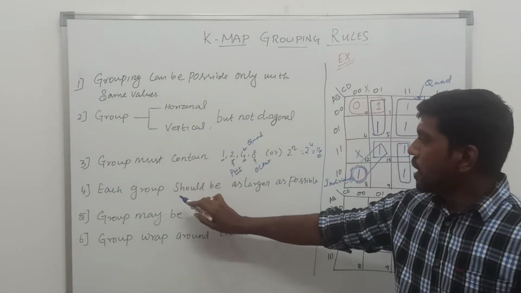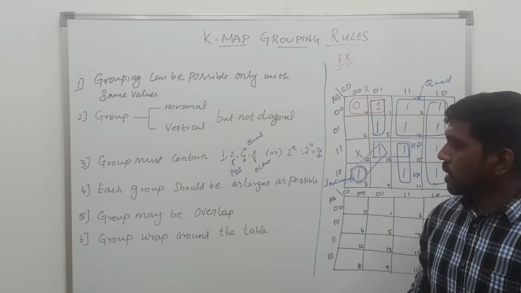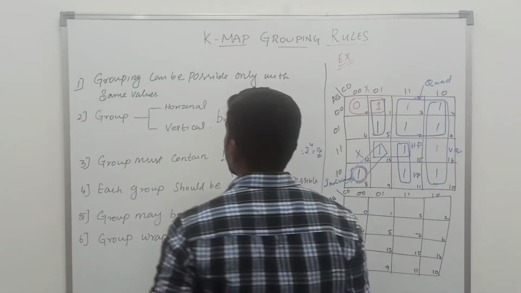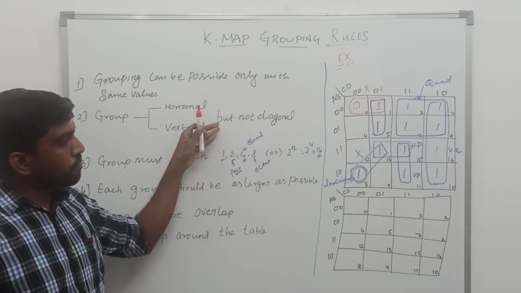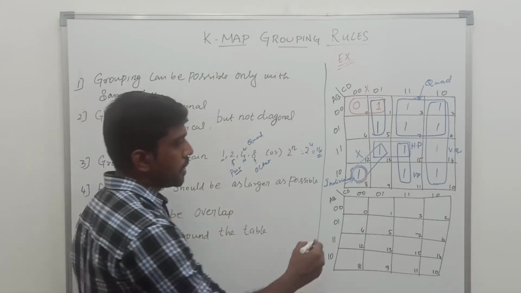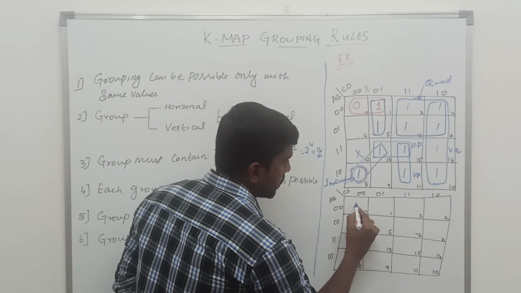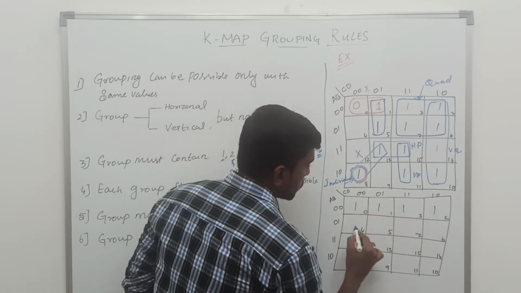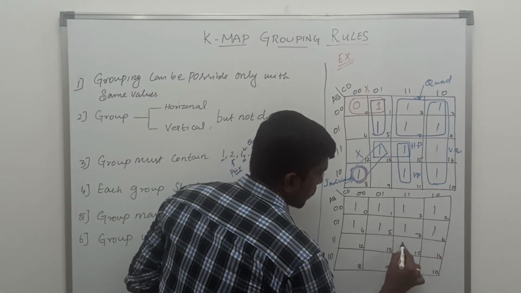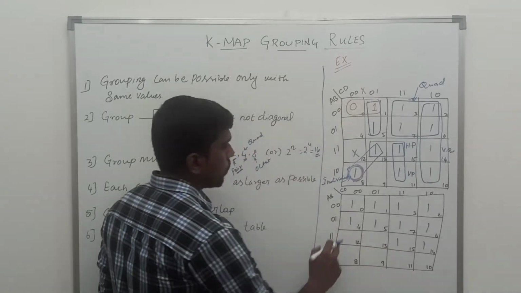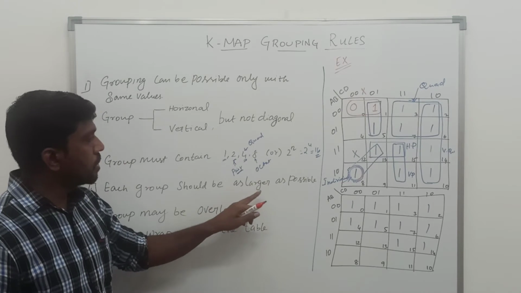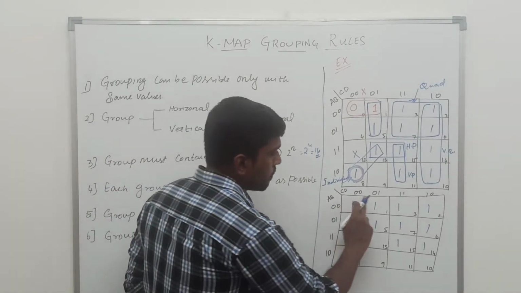The next rule, each group should be as large as possible. Suppose in a K-map, they are giving the Boolean expressions. You can find the input values. Accordingly, you can place the bit. For example, this is the input values. Rule number 4 says as large as possible. So it's a given problem.